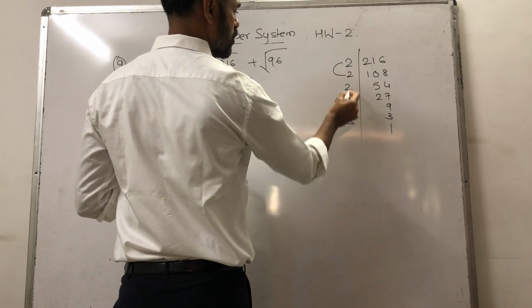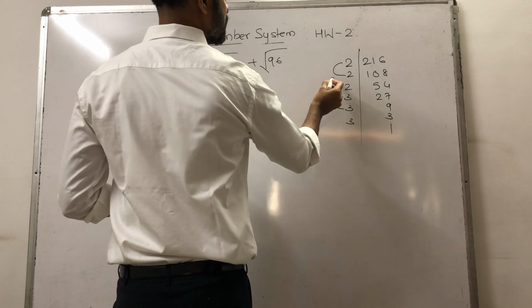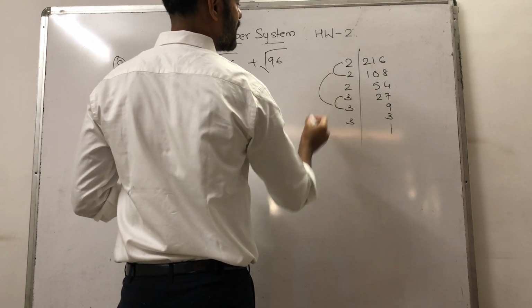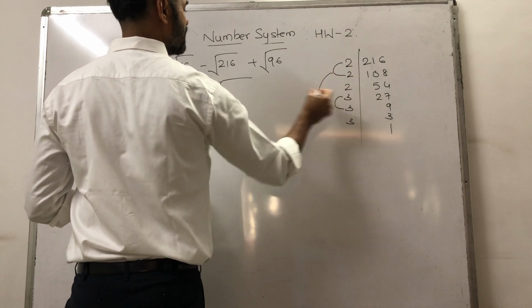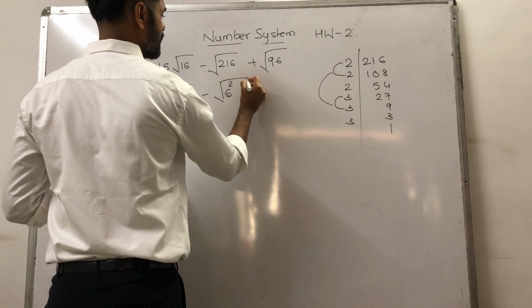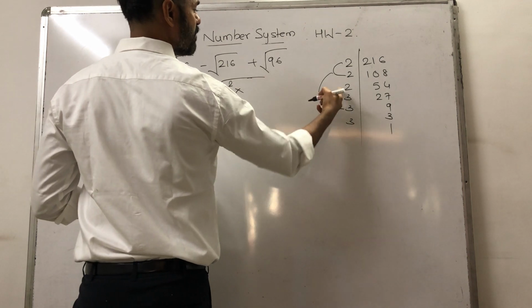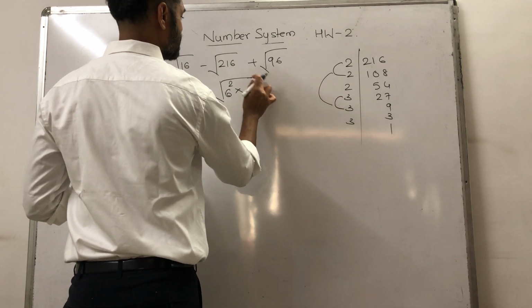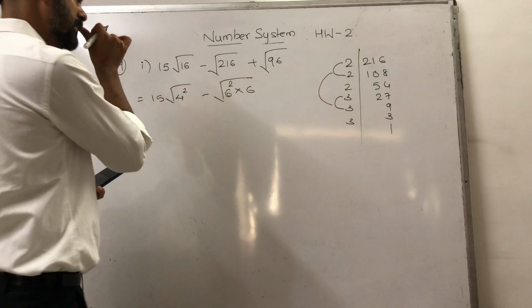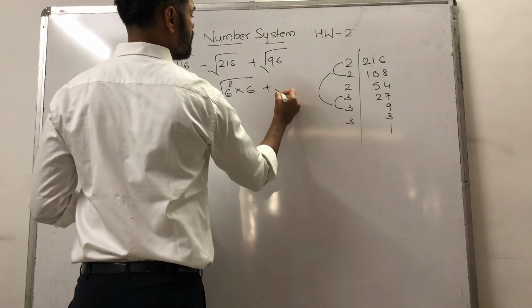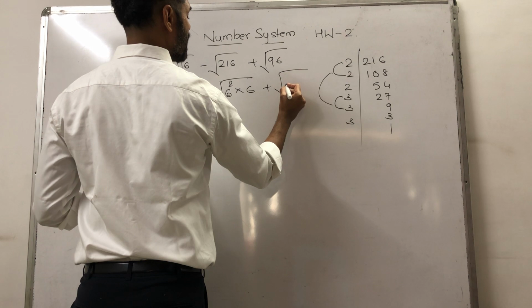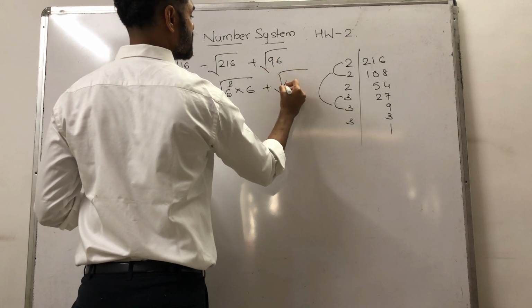The other two terms cannot be formed in pair. So now you have 2 and 3. 2 threes are 6. So can I write 2 square and 3 square as 6 square? Now what do you have remaining? 2 into 3 is 6. So we can express 216 as 6 square into 6. If you do the same for 96, 96 could be expressed as 16 into 6.